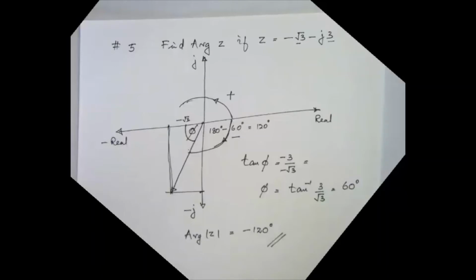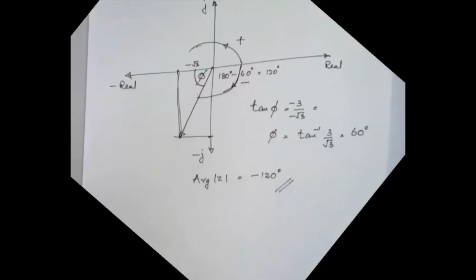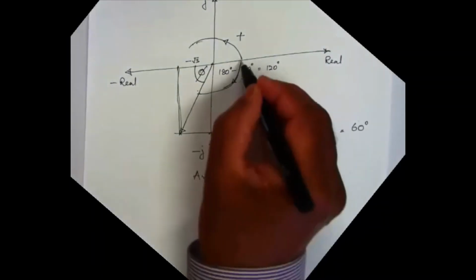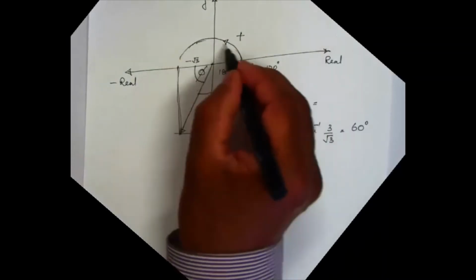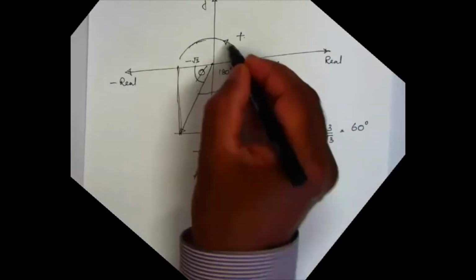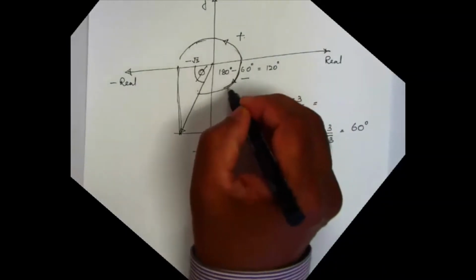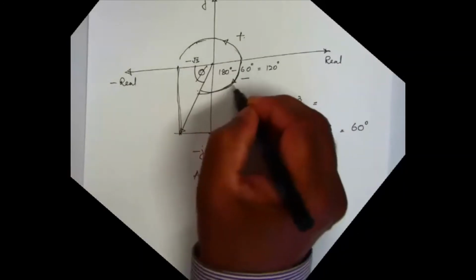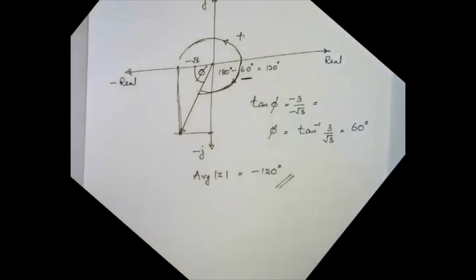So the important thing to remember is that if we take this direction as positive, that we always do, and if you measure the angle in the reverse direction, we take it as negative.